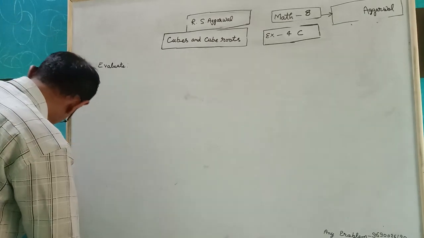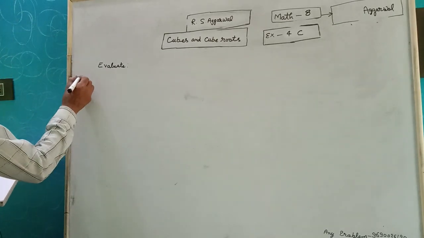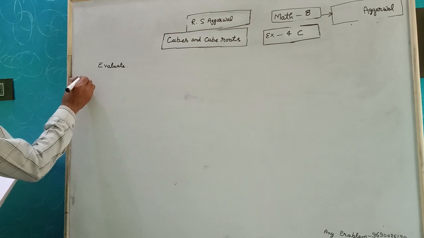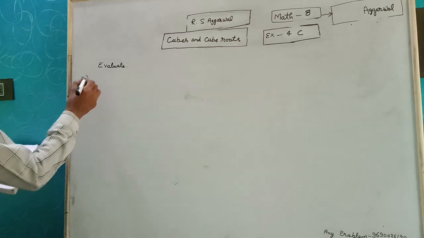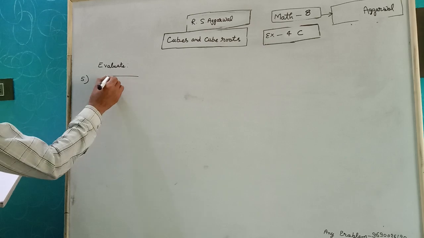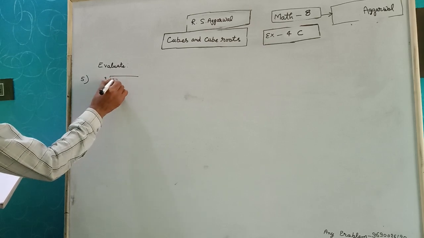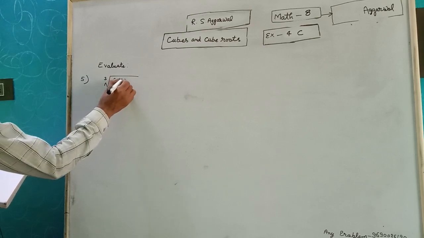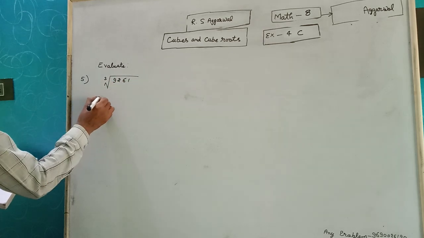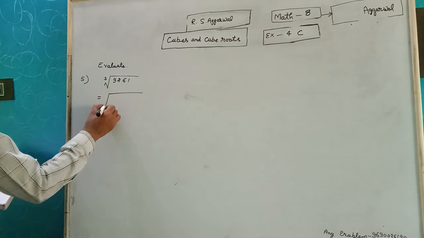Fifth part is question number 5, cube root of 9261. Do the factor.